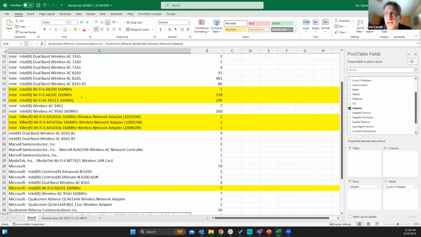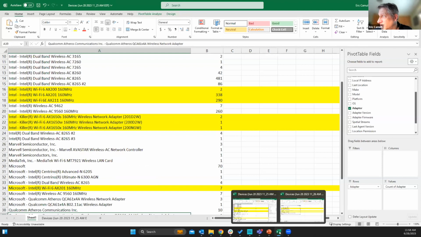So as you can see right here, I've simply highlighted in yellow the different Wi-Fi 6 adapters that we see out there in our field. And of course, I'm able to compare that to all of the different variations. I even have some N adapters out there as well. As you can see, these are some pretty old ones. A lot of AC out there. You can see the counts in column B.